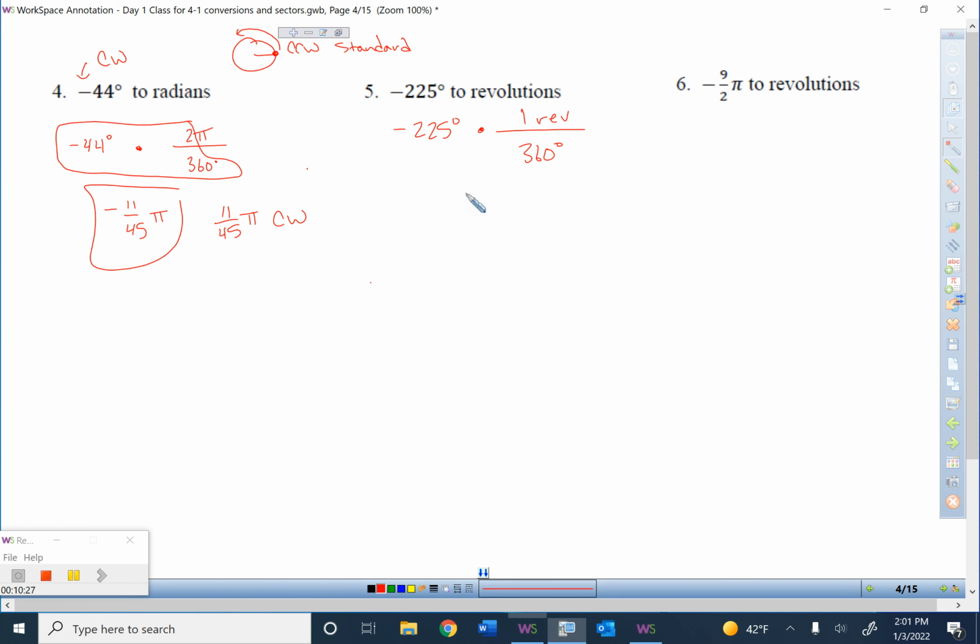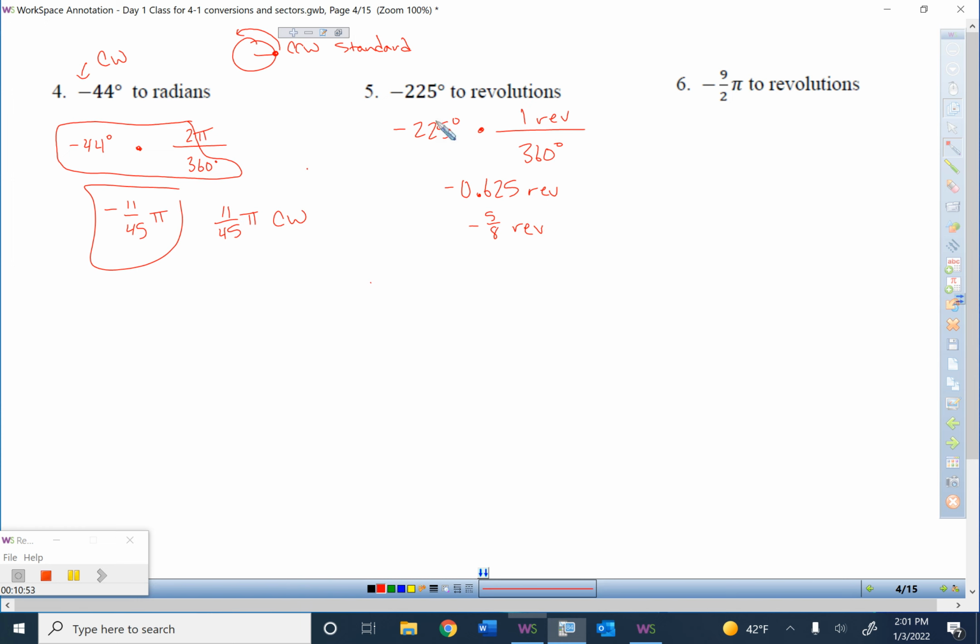When we divide those two, we've got a negative happening, and it's negative 0.625. I'm guessing put that one in your calculator, but this one is also a decent fraction. Either one will work for me, again, as long as we put revolutions to the side.